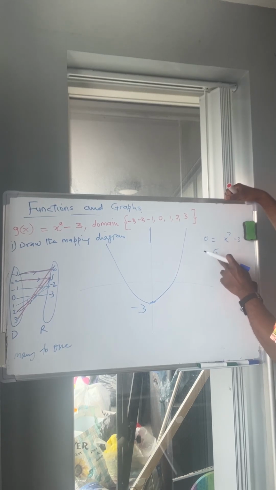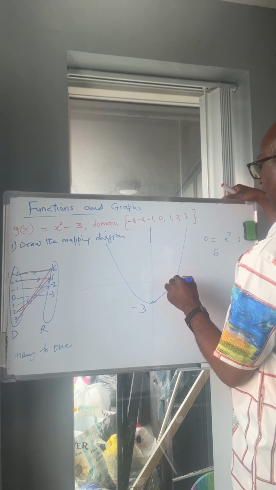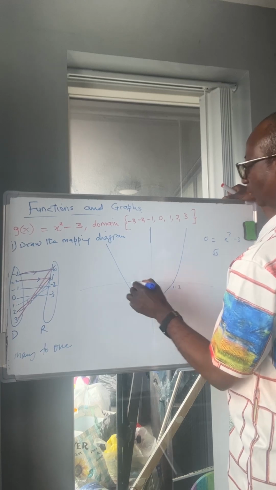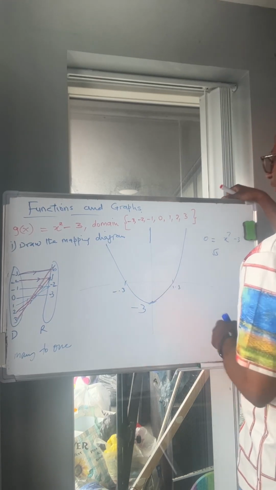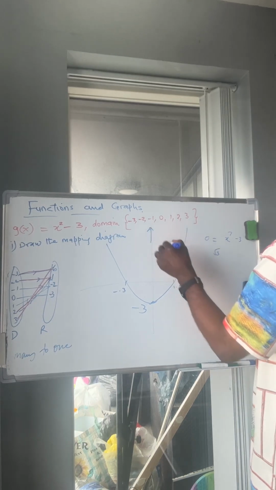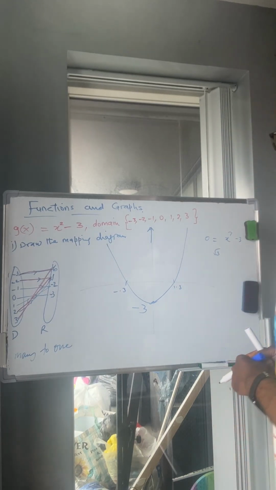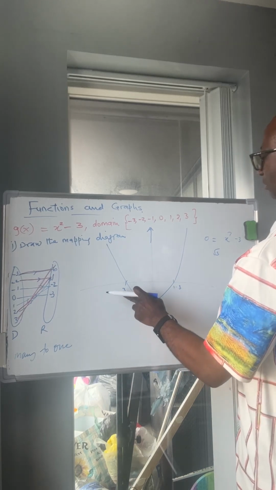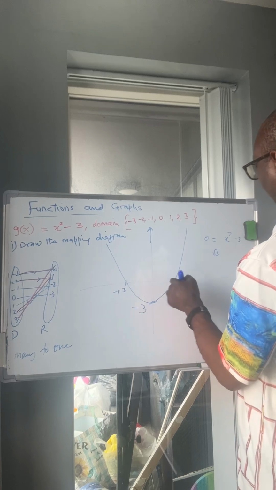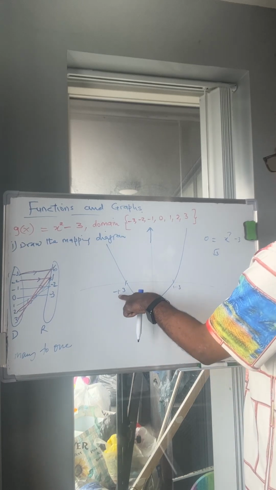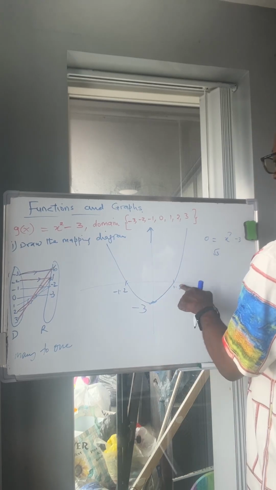Root 4 is 2, so root 3 is 1 something. I can say this is 1.3 and this is minus 1.3, the square root of 3.